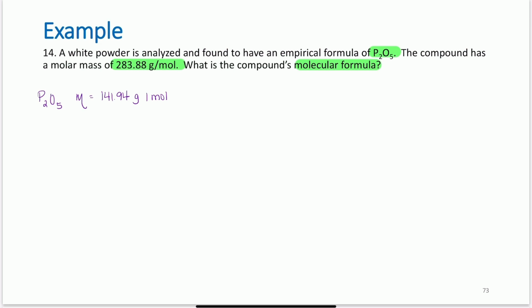If I know your molar mass is 283.88 grams per mole, divide that by your empirical formula mass, 141.94 grams per mole, and I get 2. That means my molecular formula is a multiple of my empirical formula by a factor of 2, or P4O10.